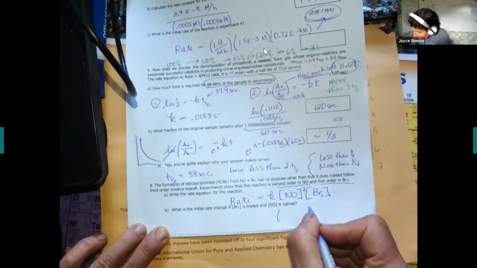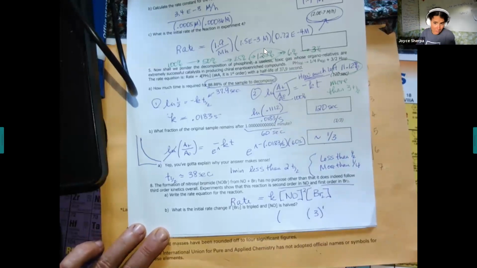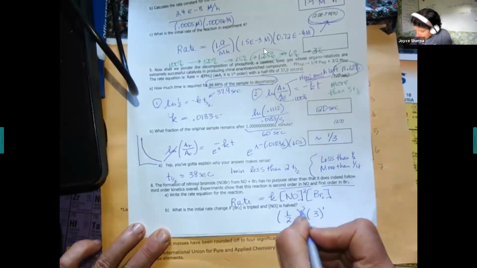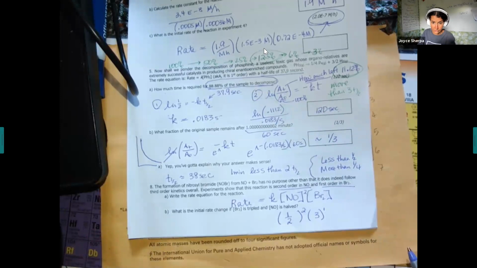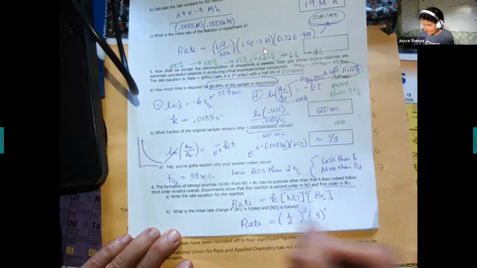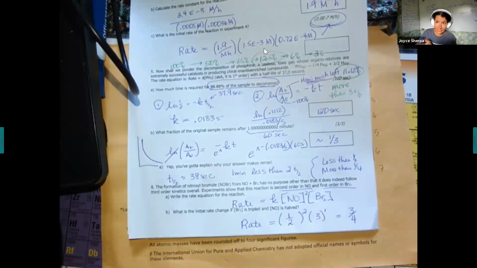If the bromine is tripled, that's tripling to the first power, because that's what first order means, and NO is halved, so it's 1/2 to the second power, or 1/4. K is constant, so my rate is now 3/4 of what it was, or 75%. So that's all that's saying. Any questions for that page?